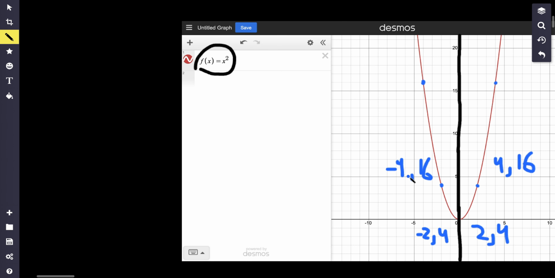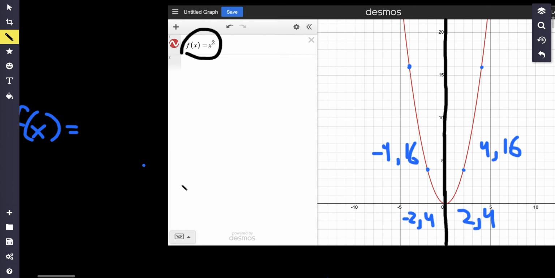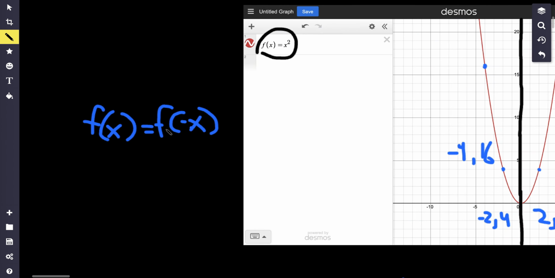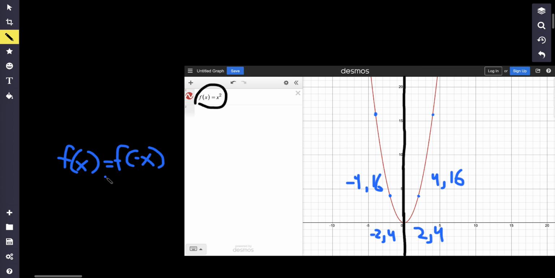What you notice is that if I have a function that's supposed to be even, I have f of x, and if I plug in the negative of this x value, I get the same y value. In other words, in order to tell if a function is even or not, f of x has to be equal to f of negative x.